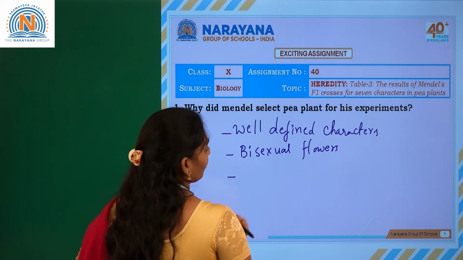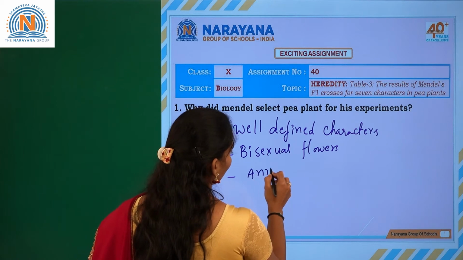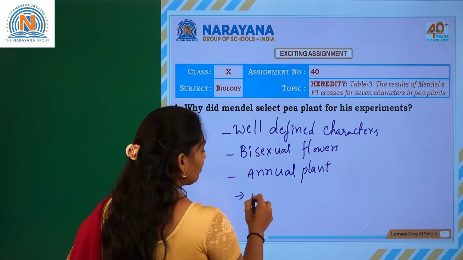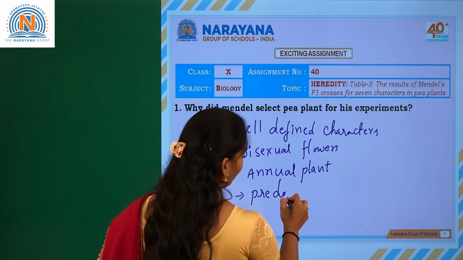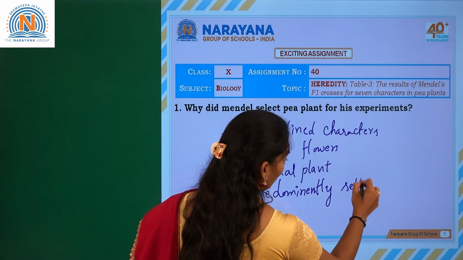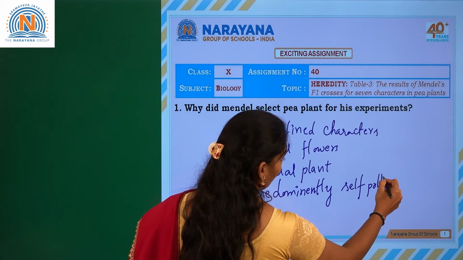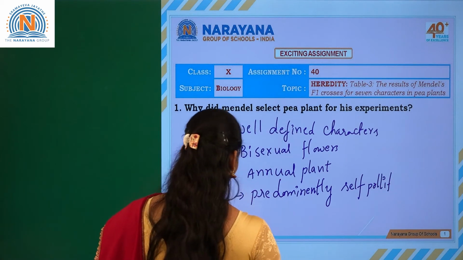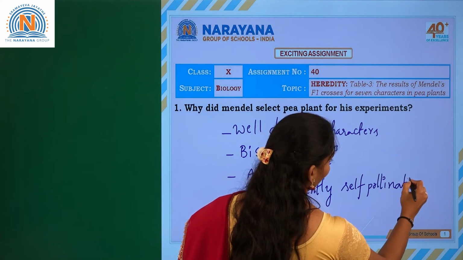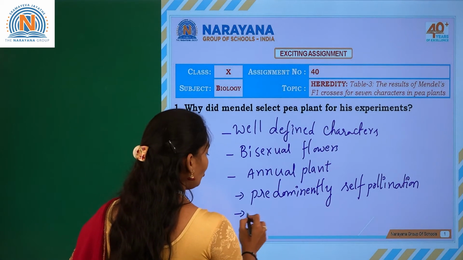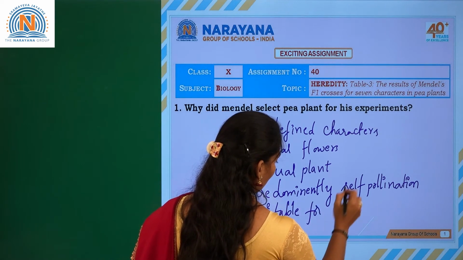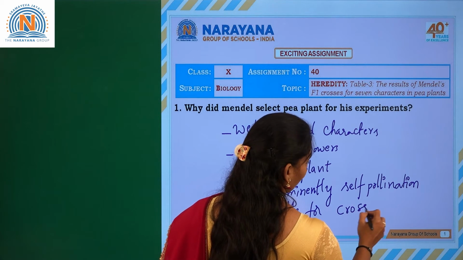The next one is that it's an annual plant, and it predominantly shows self pollination, and it is also suitable for cross pollination.